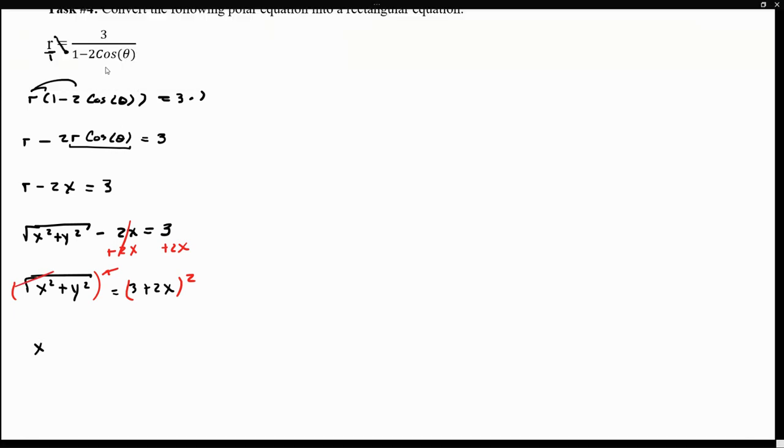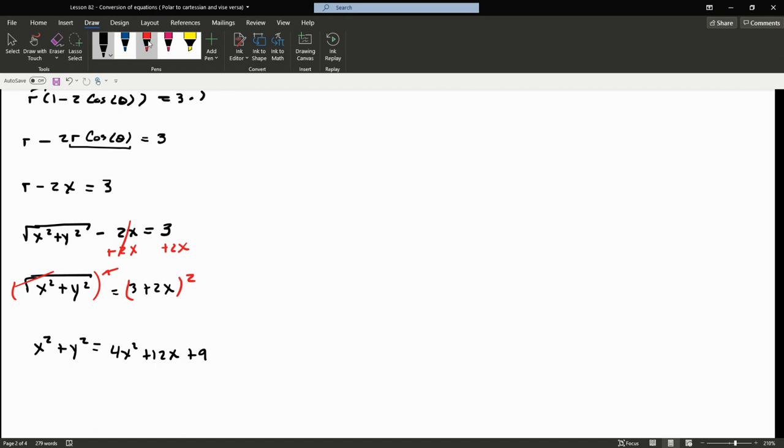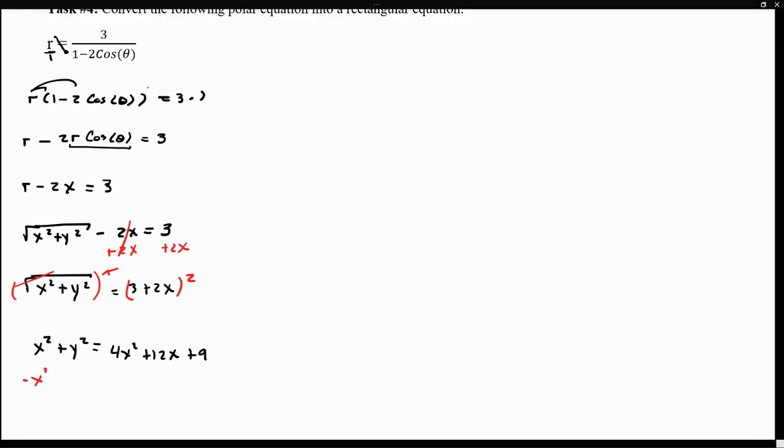And now we have that x squared plus y squared equals. If we expand this, we're going to get the expression 4x squared plus 12x plus 9. And again, we're solving for y, so therefore I need to get rid of this x squared. That way this cancels out.